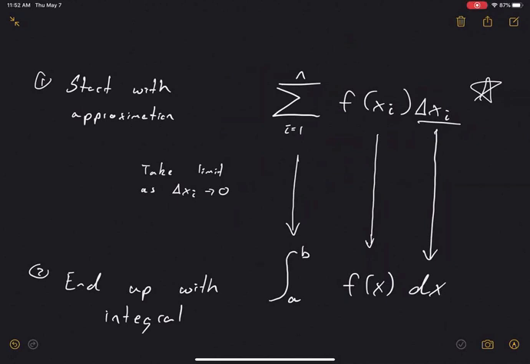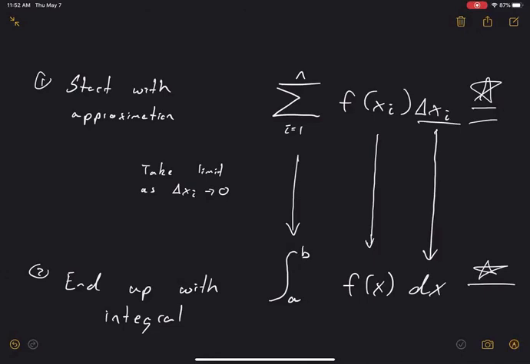So we need to give this a new notation to distinguish between just a finite number of sums and this thing where we're adding up an infinite number of rectangles that are infinitely skinny. So we write this as an integral using the integral sign just to make it clear that this is something different than just this sum up here.